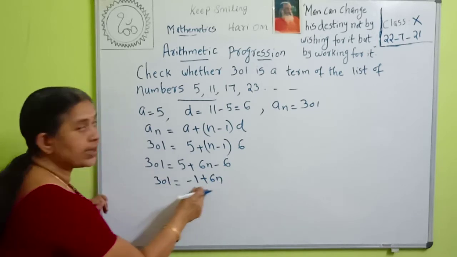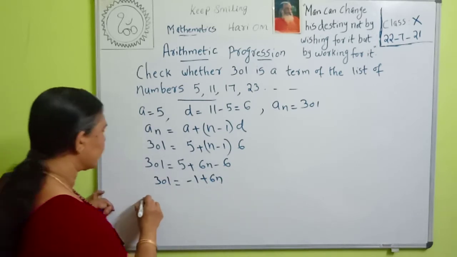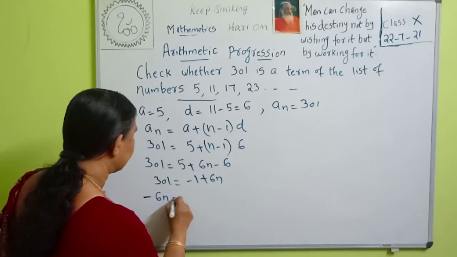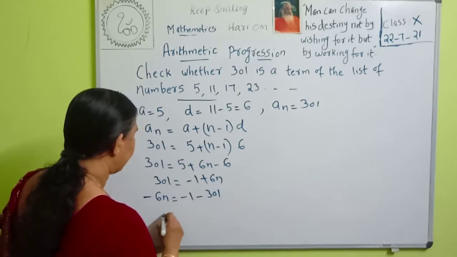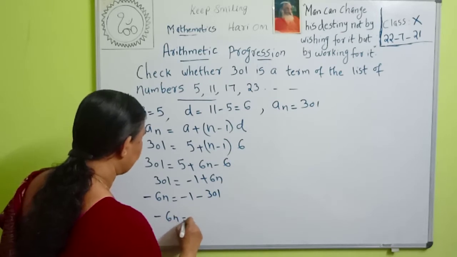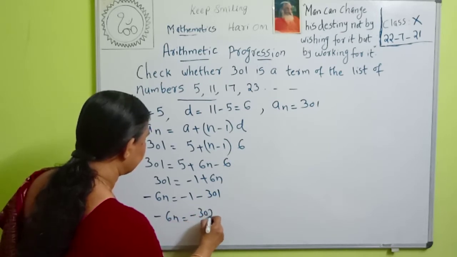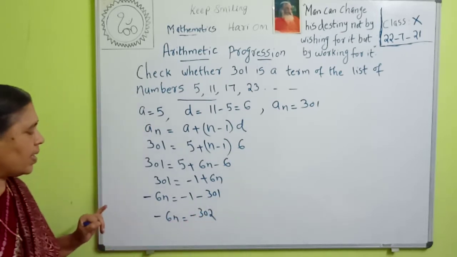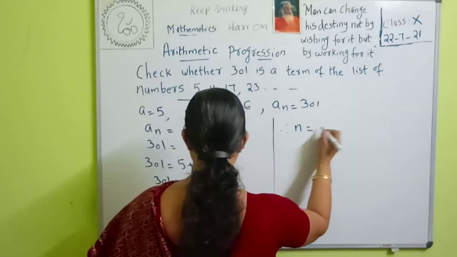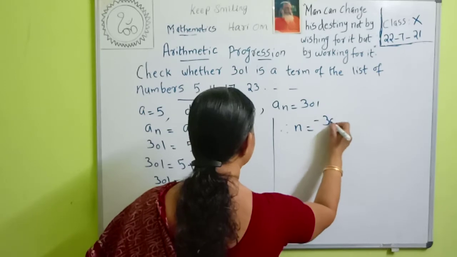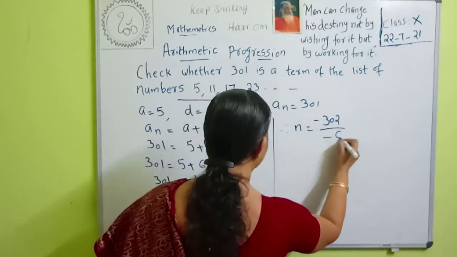Then transpose this 6n to the LHS. That is minus 6n is equal to minus 1 minus 301. Then minus 6n is equal to minus 302. Then what is n? Therefore, n is equal to minus 302 by minus 6.